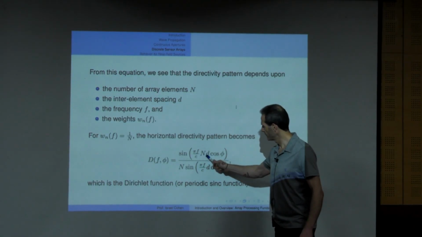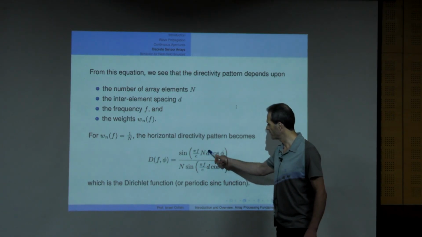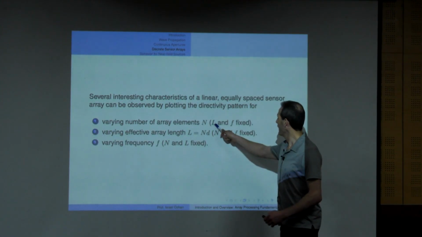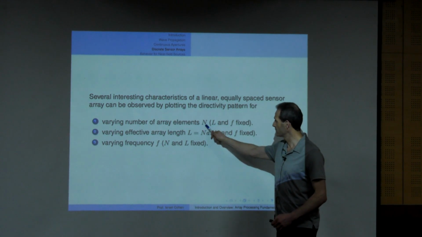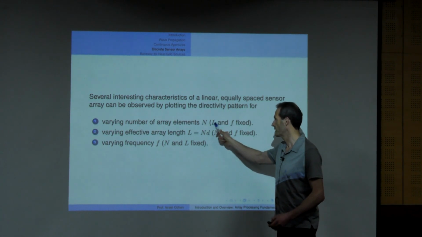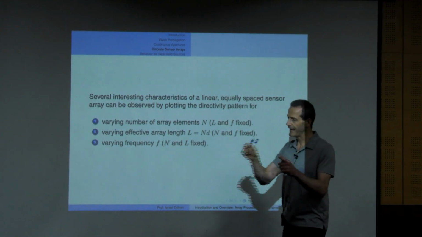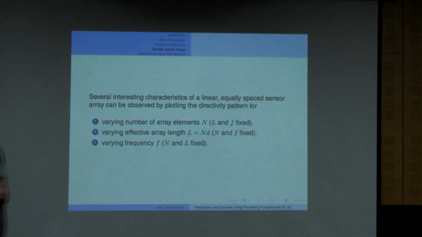what do you see? If we increase n, but we keep D, L and F fixed, so D multiplied by n is fixed, it means that we add more samples along the continuous aperture. What will happen?